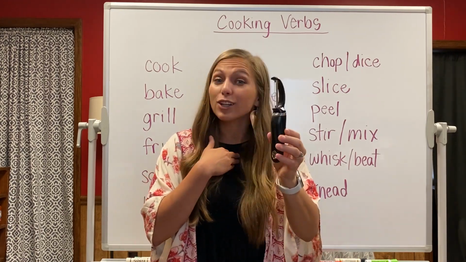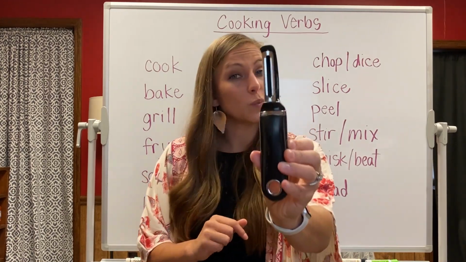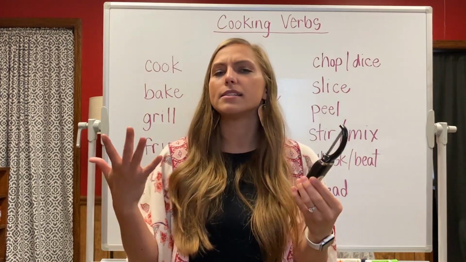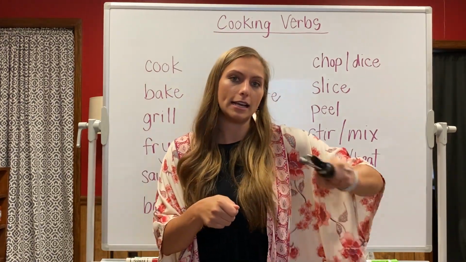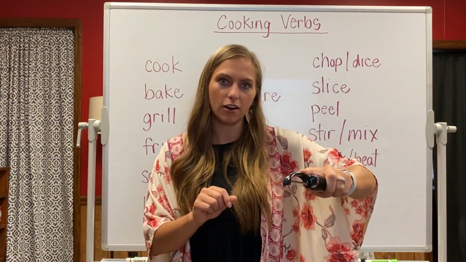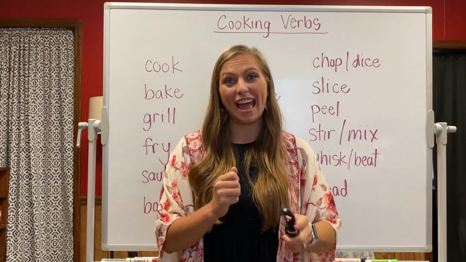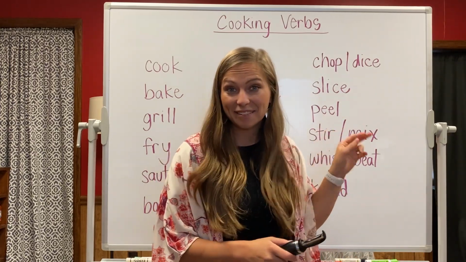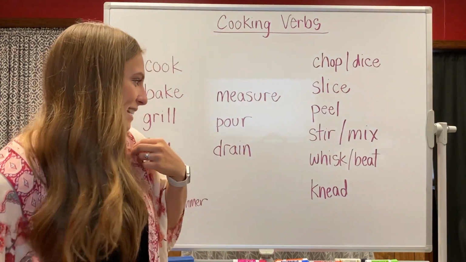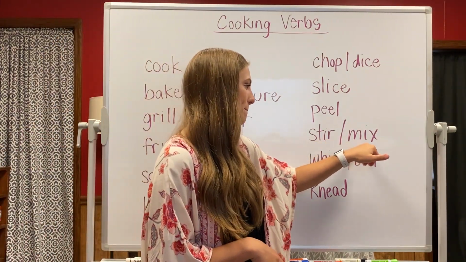So I have a peeler here, and this is what I use. There are many different kinds of peelers, and I remove off of the carrot or the potato the extra skin. That's peeling.